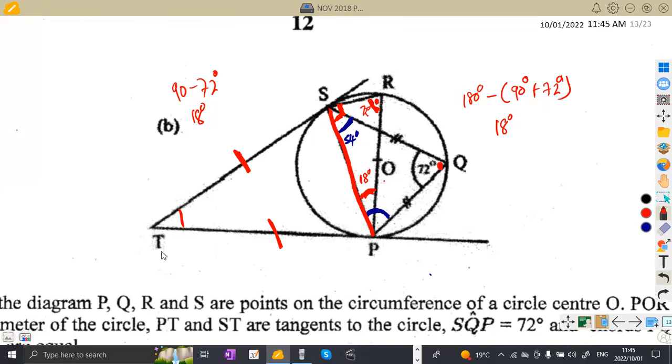I want you to see something that is happening here. We do not have the other angles inside this shape.